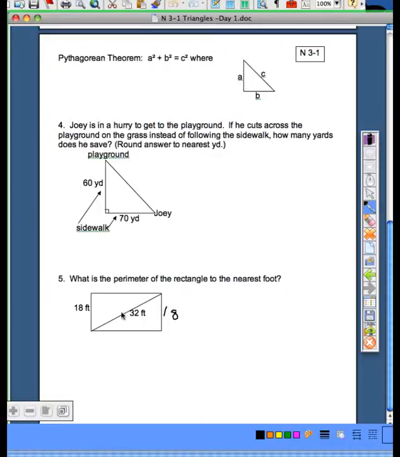So you have a squared, which is the length, plus 18 squared is equal to 32 squared. So a squared is equal to 32 squared, which is 1,024, minus 18 squared, or 324. So a squared is 700. Square root that.